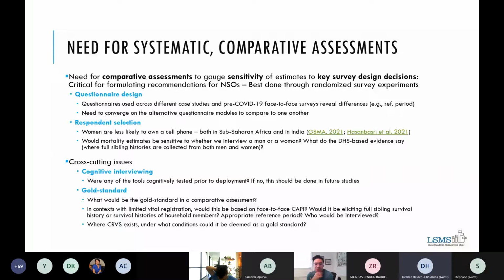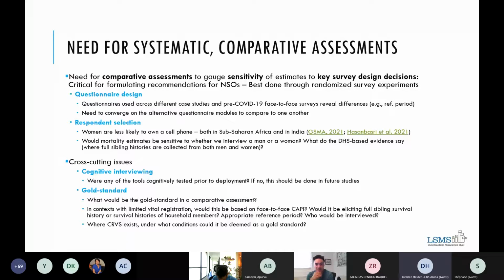Who would be interviewed? I think these are questions that we need to determine ex ante as part of this comparative assessment, so as to formulate the reference point against which all the different alternative ways of collecting data would be compared. And in contexts where a strong vital registration system actually exists, what would be the conditions under which this particular system could be deemed a gold standard?